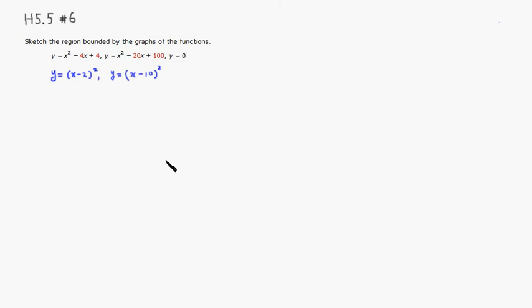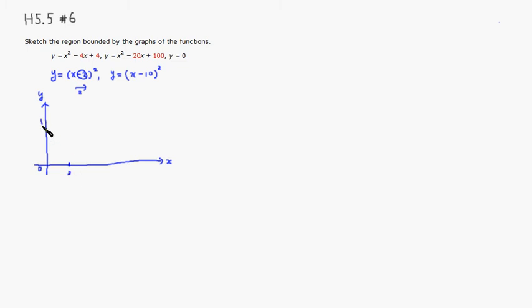Let's draw the picture. So there's going to be an x-axis, here's the y-axis, the origin. This is a parabola shifted to the right 2 units, so go that way 2 units, it's going to be 2 right here.